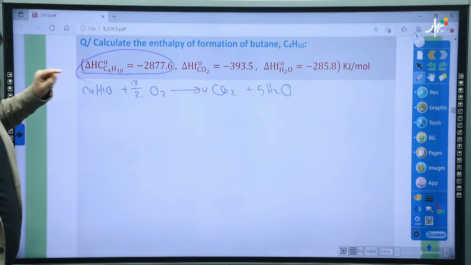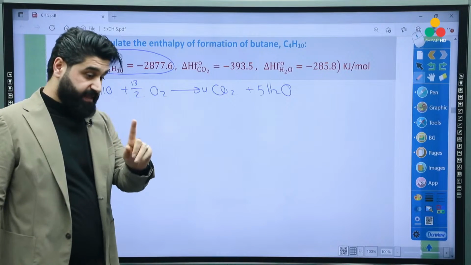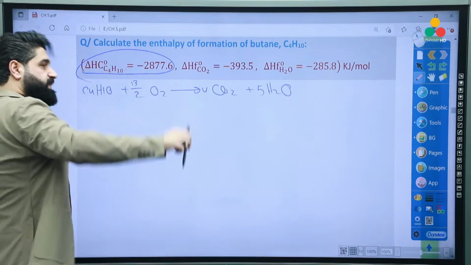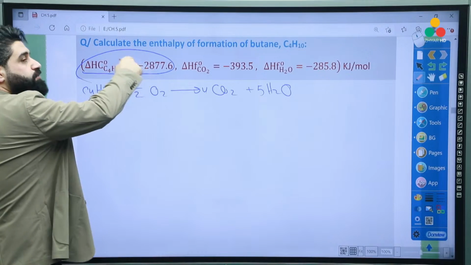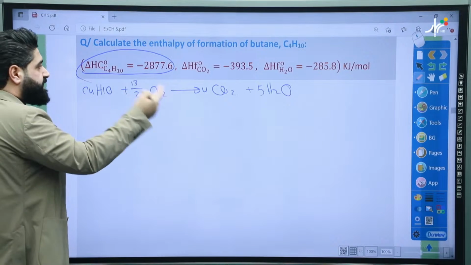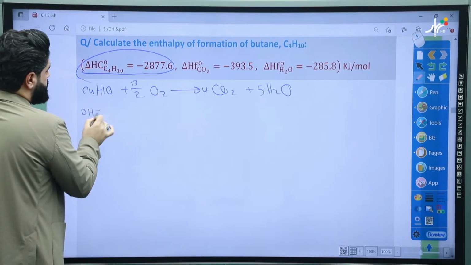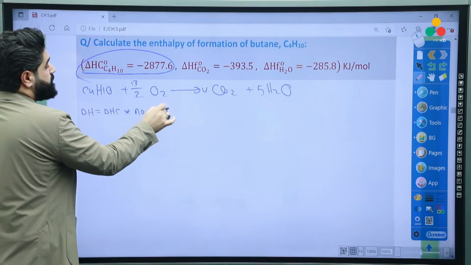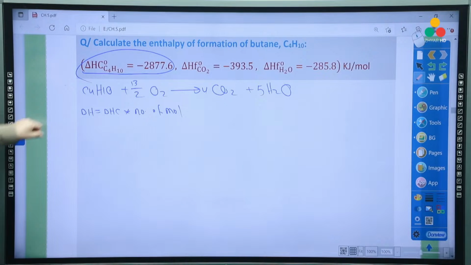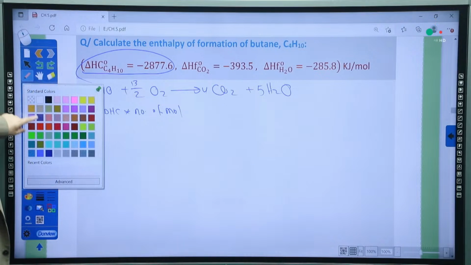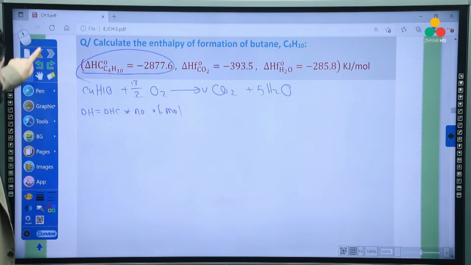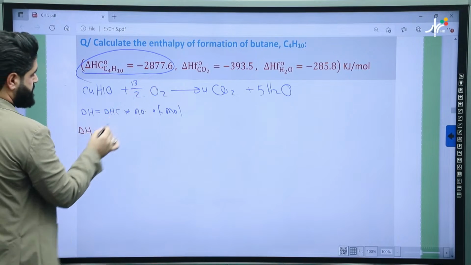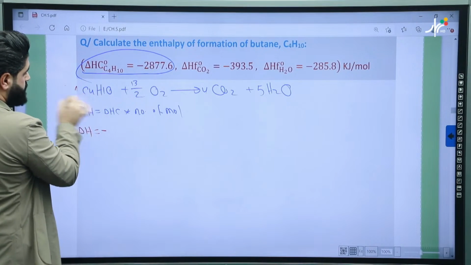If delta HC for any substance is known, and there's only one delta HC, you have to write the combustion reaction for that substance, then use the value and convert it into delta H. Delta H equals delta HC times the number of moles. Because 1 mole of butane is combusted, delta H equals delta HC, times 1 mole combusted.